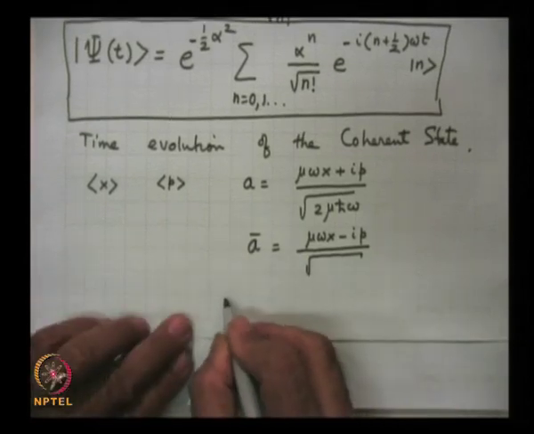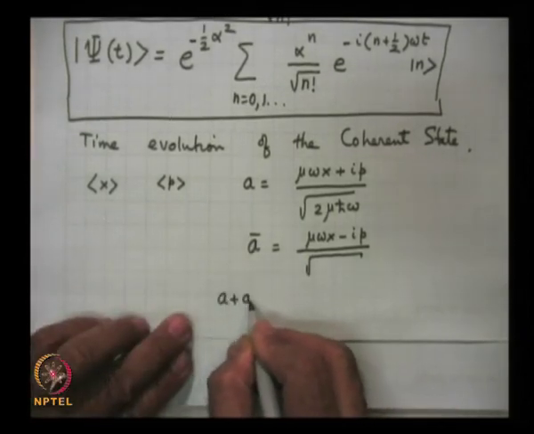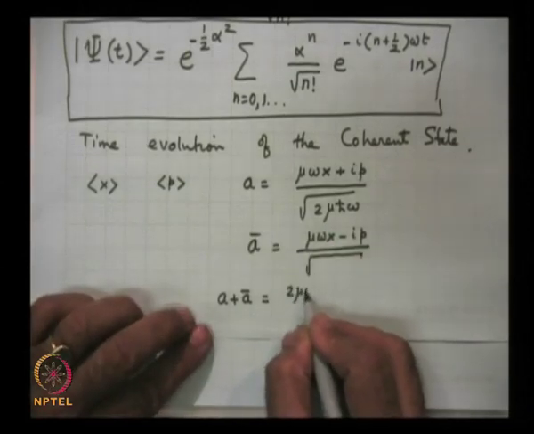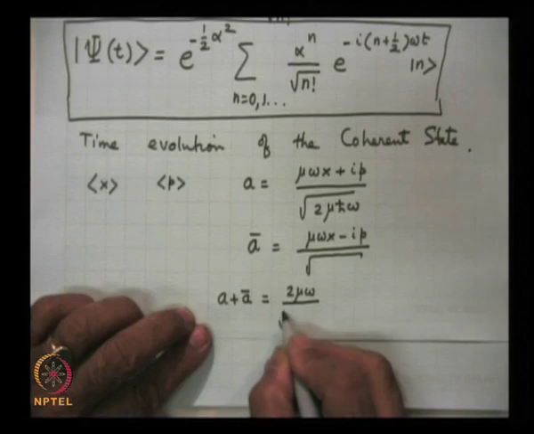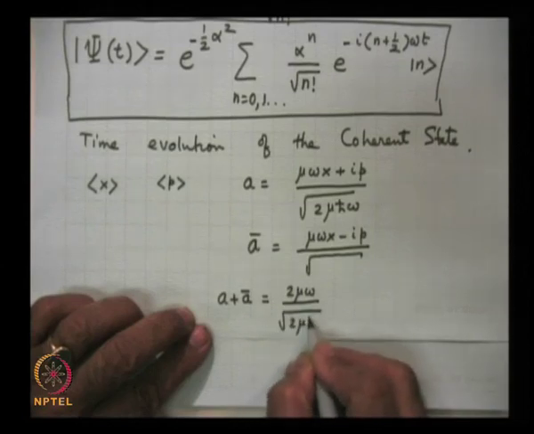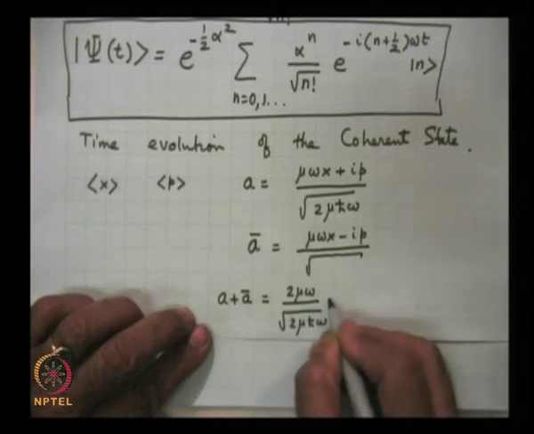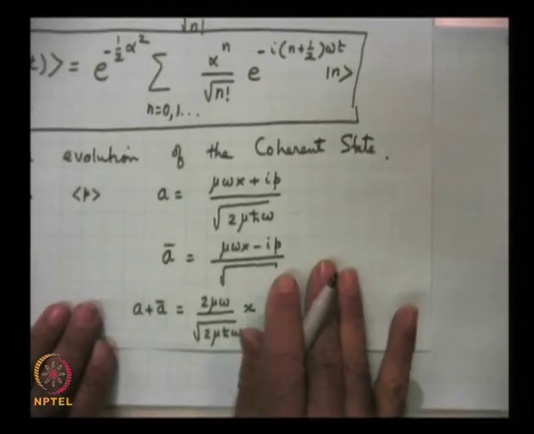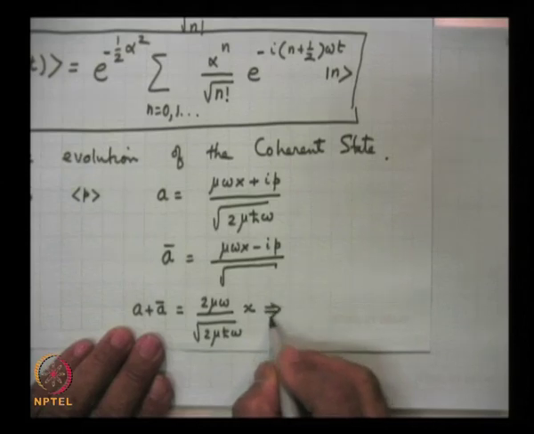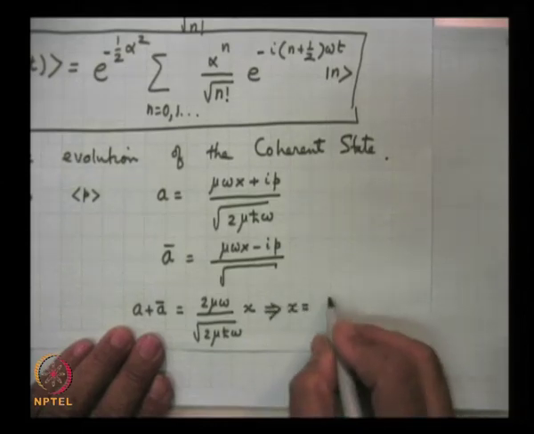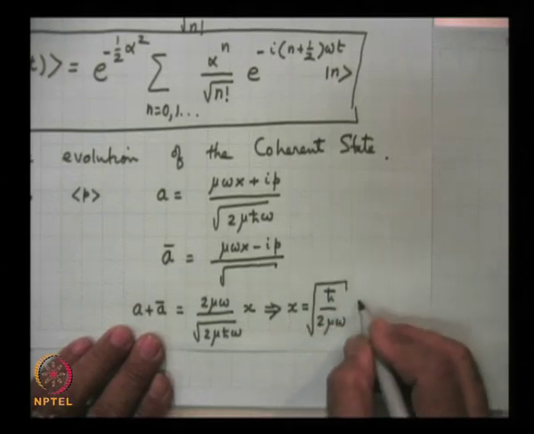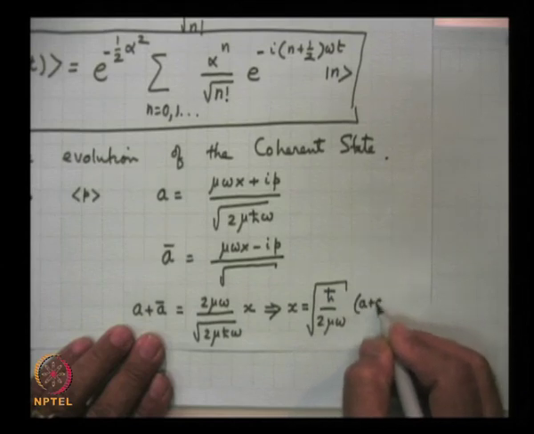We get A plus A bar equal to 2 mu omega divided by 2 mu h cross omega x. So, this tells us that x is equal to under root of h cross by 2 mu omega times (A plus A bar).